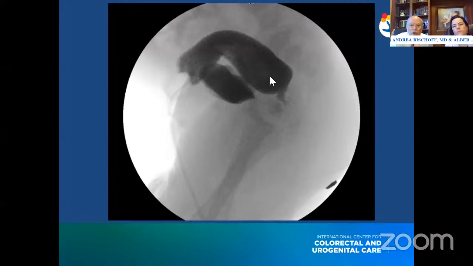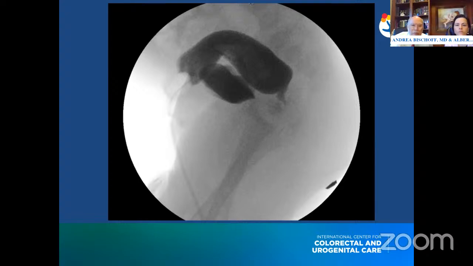One of the most common errors in opening a colostomy is to open it too distal, which means that the surgeon will have problems bringing this rectum down. That's why we insist that the colostomy should be done in the descending colon, not in the sigmoid, because this is a consequence of doing it in the sigmoid.